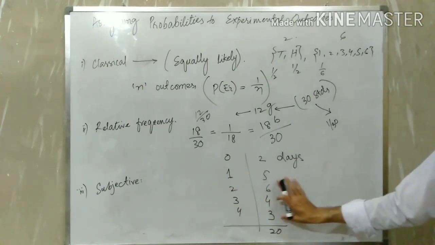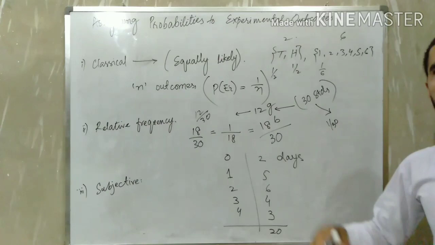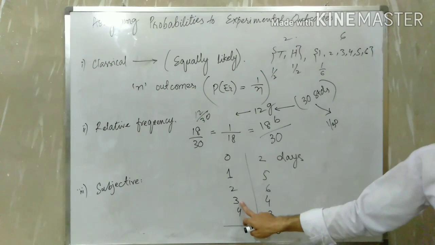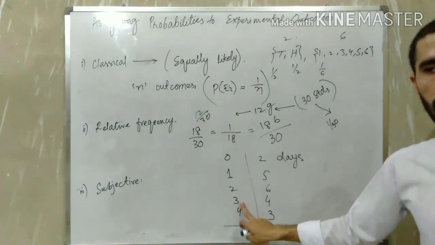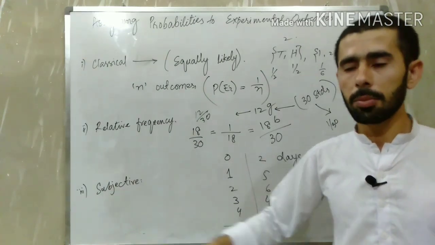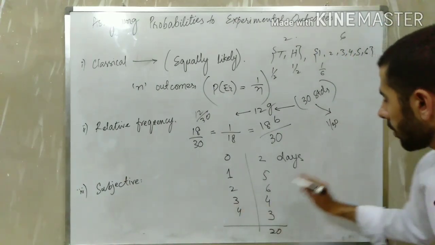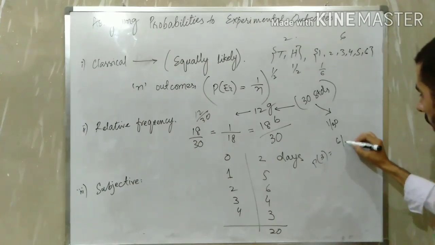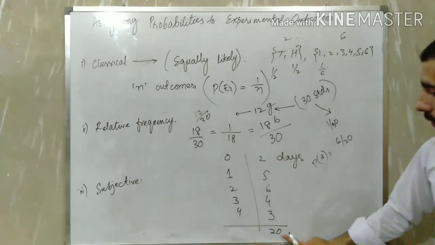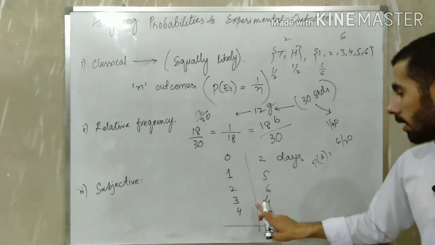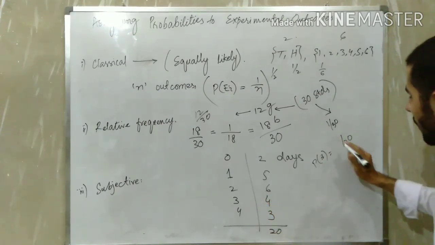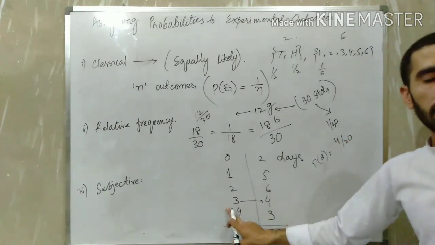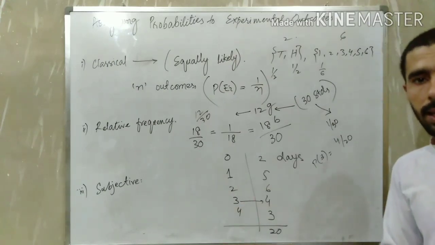So now if someone wants to see what the chances are that when I reach there at 9 a.m. 3 people would already be waiting before I reach, or 3 people would be sitting before I am going there, the probability for 3 people being there would be 4 by 20, because out of 20 days, on 4 days, it has been noticed that 3 patients were already waiting for the doctor at 9 a.m.